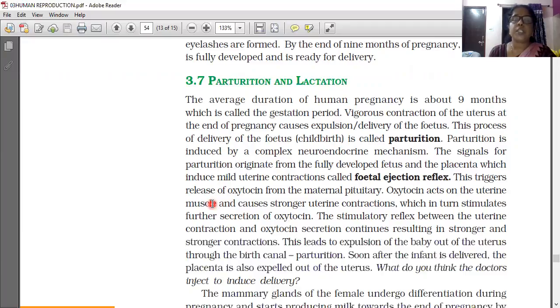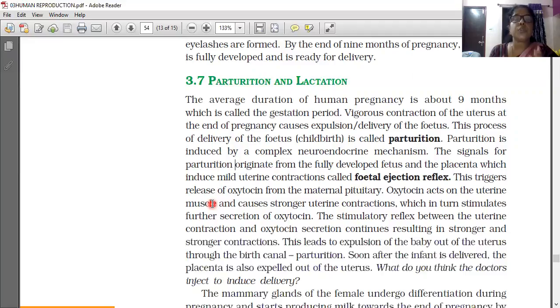This leads to expulsion of the baby out of the uterus through the birth canal, called parturition. We have already learned that the cervical canal together with the vagina is called the birth canal.